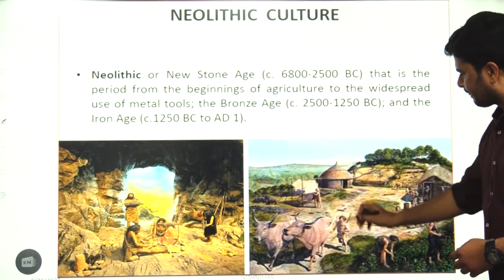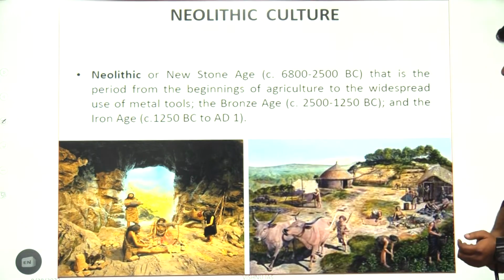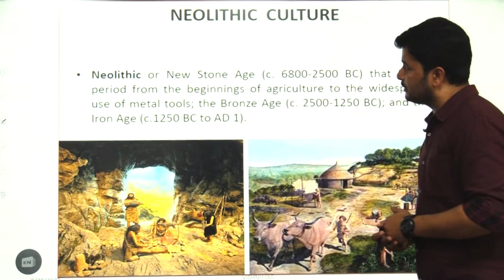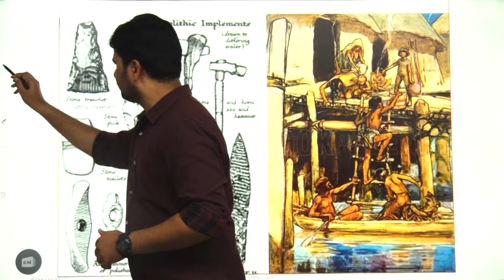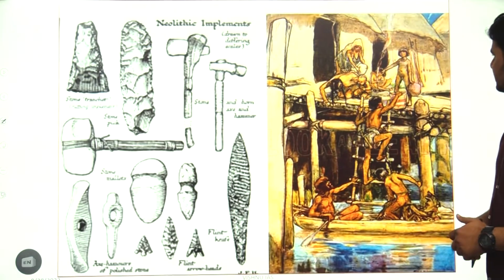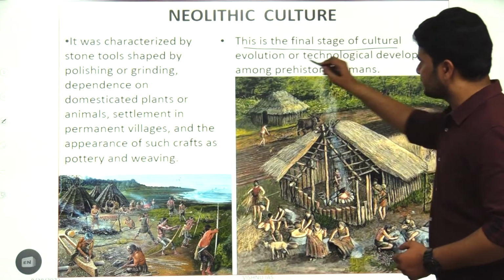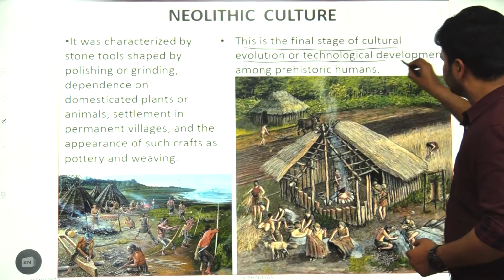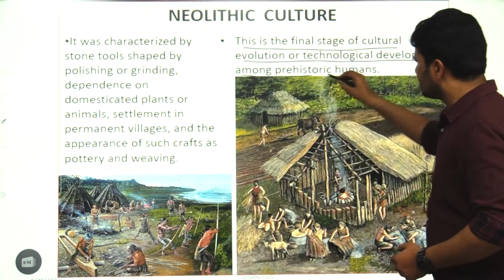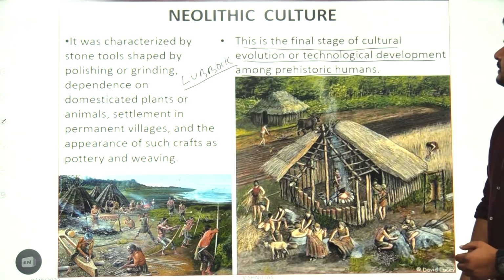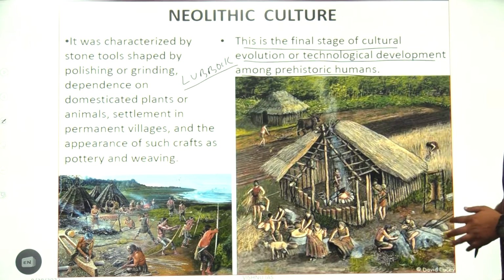Some sort of agriculture. So as far as sites of Neolithic cultures are concerned, the important sites are to be discussed. Even the same gentleman, you can write down this statement. It was made by Sir John Lubbock. He says this is the final stage of cultural evolution or technological development among prehistoric humans.